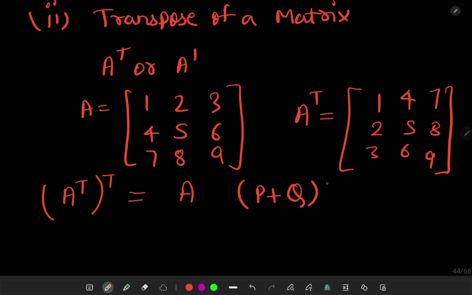If we take P plus Q transpose, we get P transpose plus Q transpose.